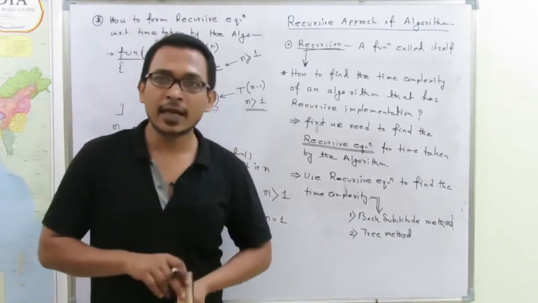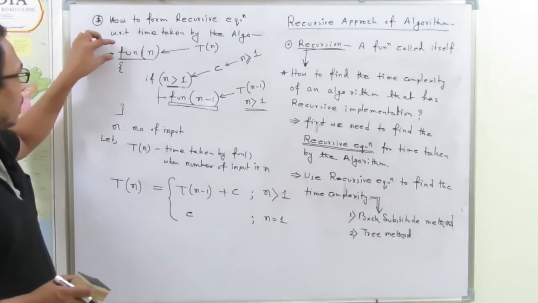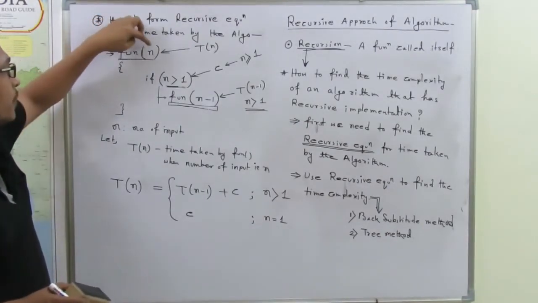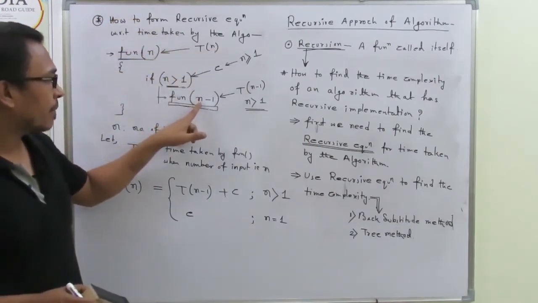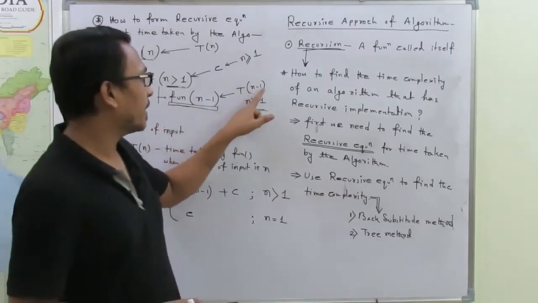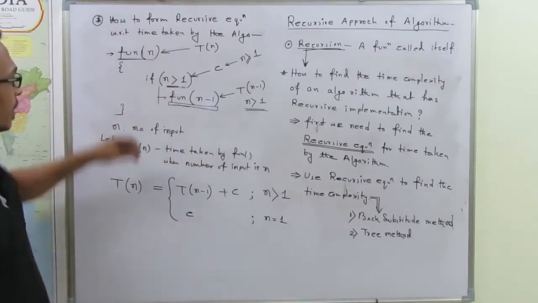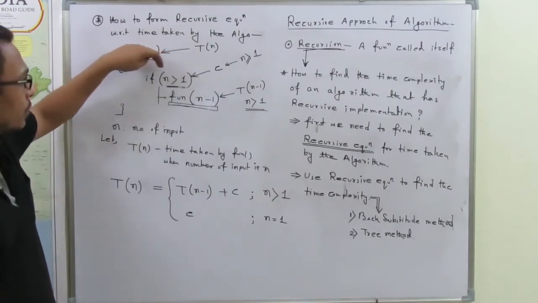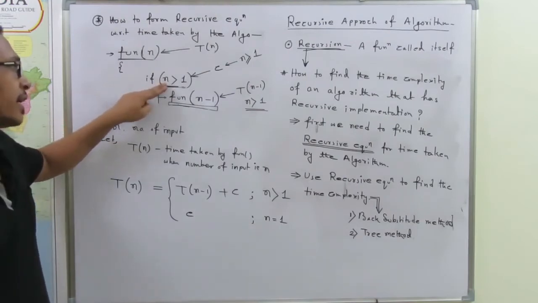The time taken by any algorithm depends on the number of inputs. So the time taken by the function when the number of inputs is n is T of n. When the number of inputs becomes n minus 1, the time taken by the function will be T of n minus 1, and this function will execute only when this condition becomes true, that is, only when n is greater than 1.